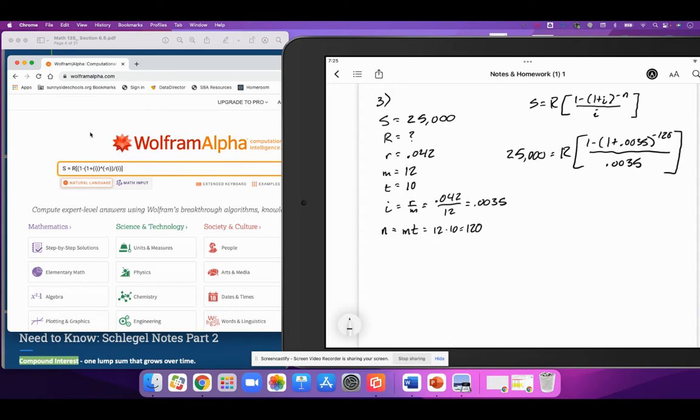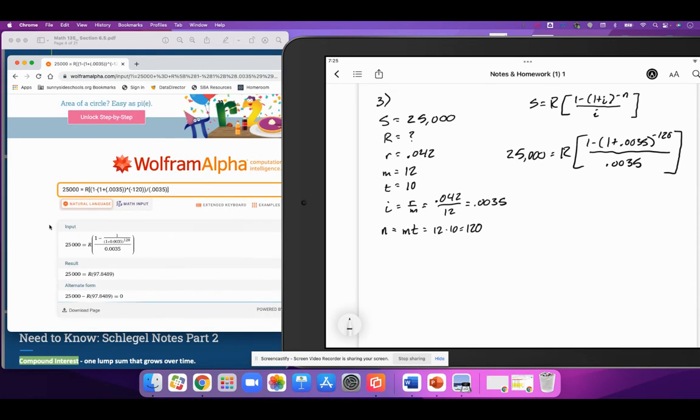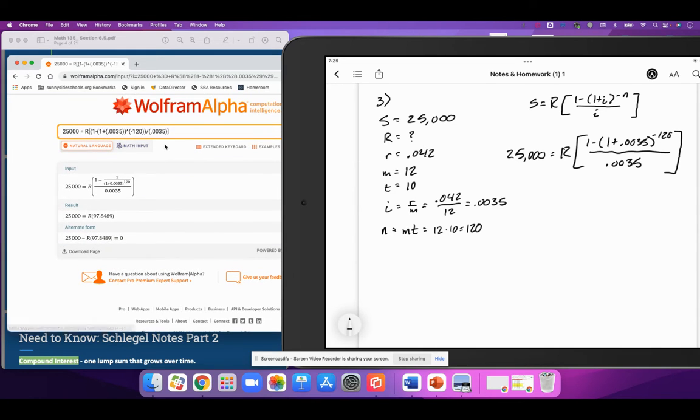So again, we've got 25,000 bucks is what was borrowed. 0.0035. Negative n is negative 120. So we're going to have to do some division. 97, 84, 89.